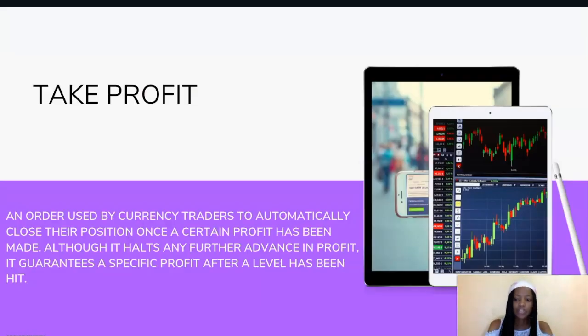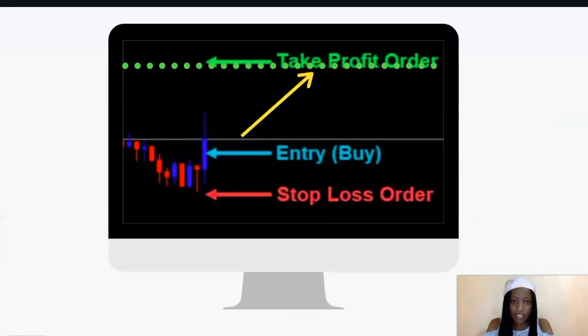Take profit. So a take profit is an order used by Forex traders to automatically close their position once a certain profit has been made. Although it stops any further advance in profit, it guarantees a specific profit after that level has been hit. So let me show you what this means. Please note that this example is when going long, so we are buying our particular currency. So we got in at this particular point at the white line.